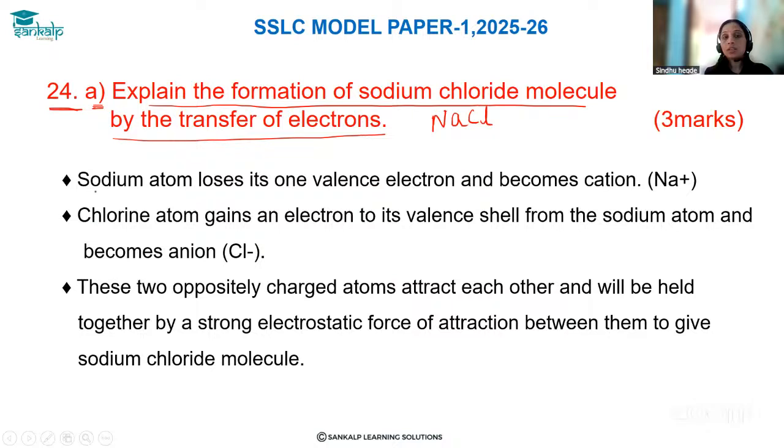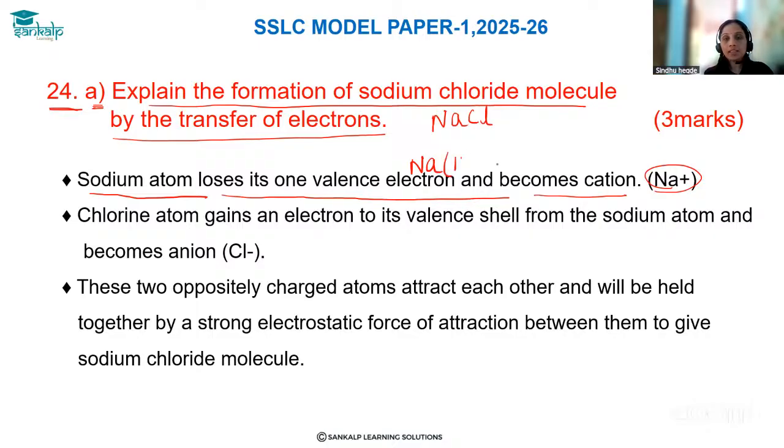First, the sodium atom loses its one valence electron and becomes a cation. We know that the atomic number of sodium is 11, right?